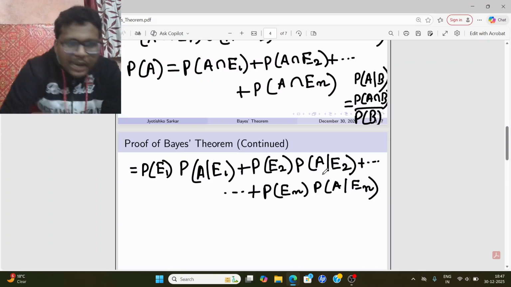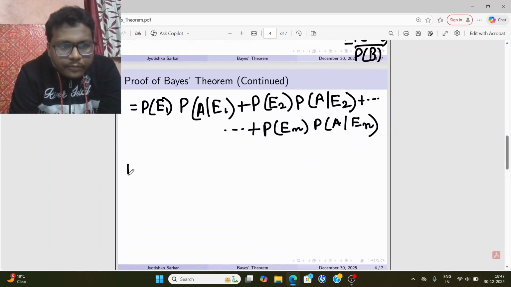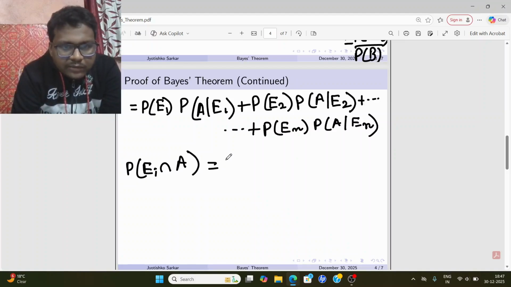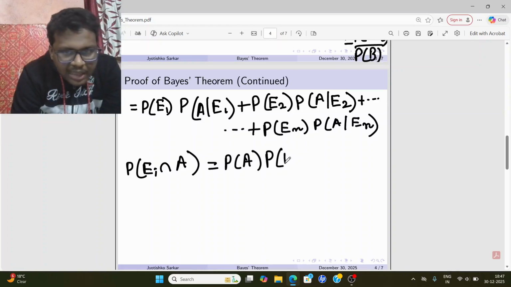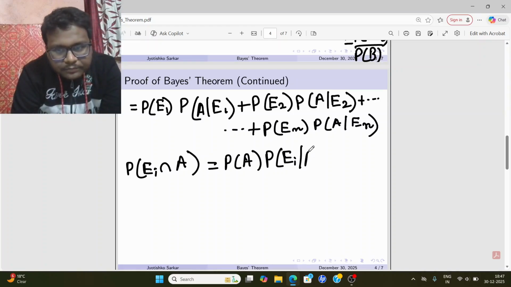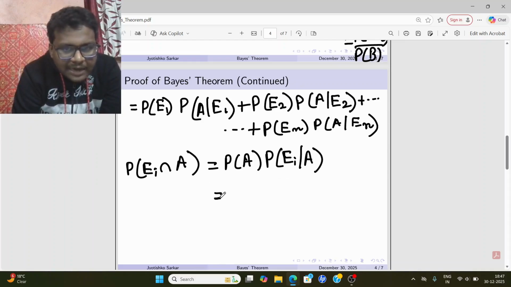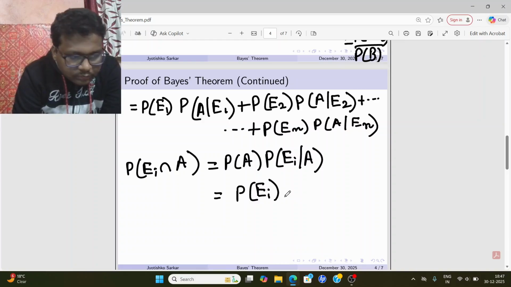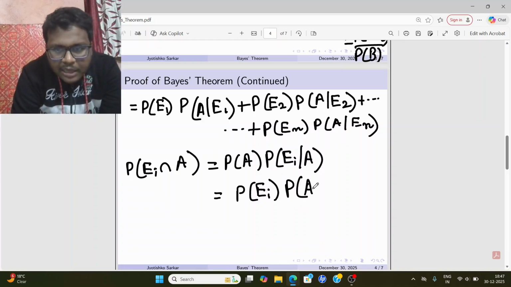Now we know that probability of EI intersection A can be written in two ways. First of all, probability of A into probability of EI bar A, or I can write this as probability of EI into probability of A bar EI, both from the conditional probability definition.